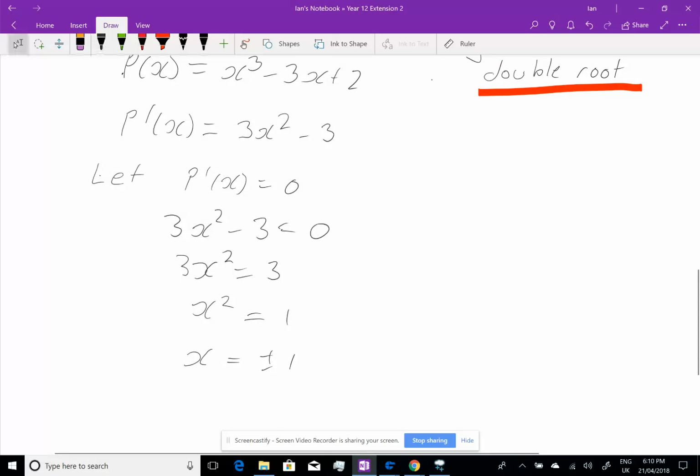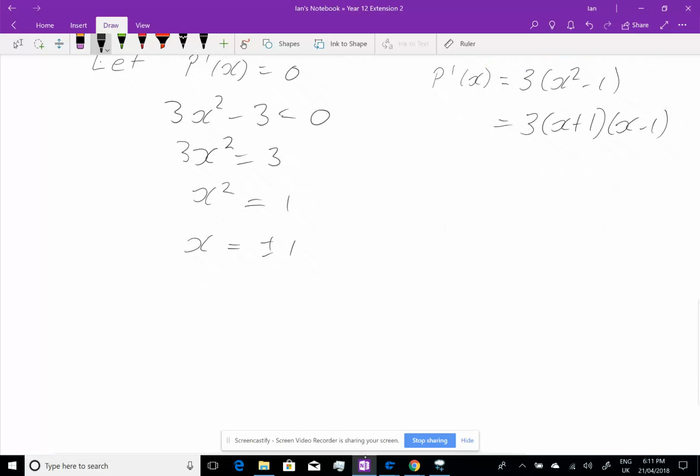I could have just factorized P'(x) and written it as 3 times (x plus 1)(x minus 1).